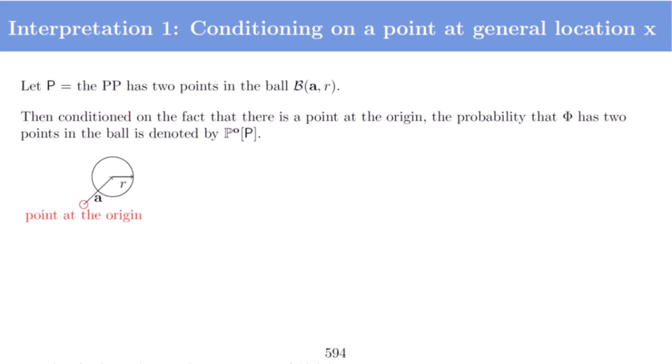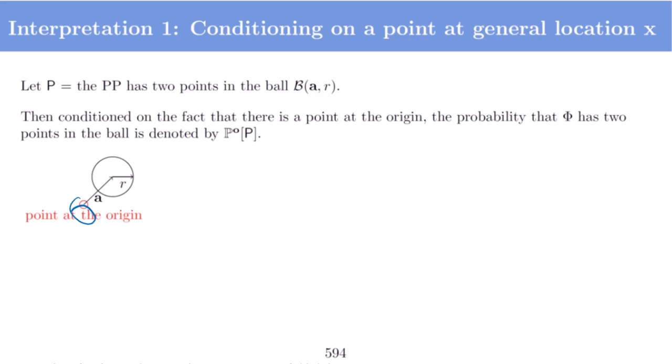If you recall, we'll take an example where P is the property that the point process has 2 points in the ball of radius r at center A. Basically, you can look at this location. The point is located here, and there is a ball at location A with radius r. If the conditioned point process has 2 points in this ball, then we say phi satisfies this property.